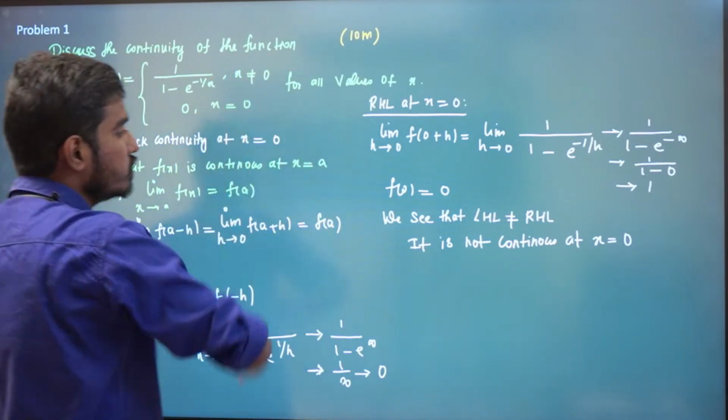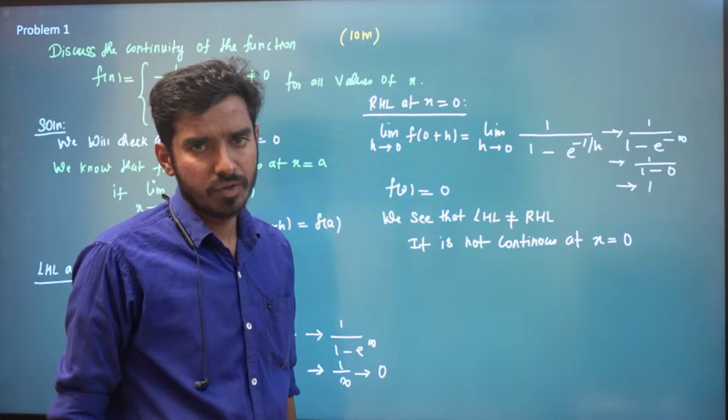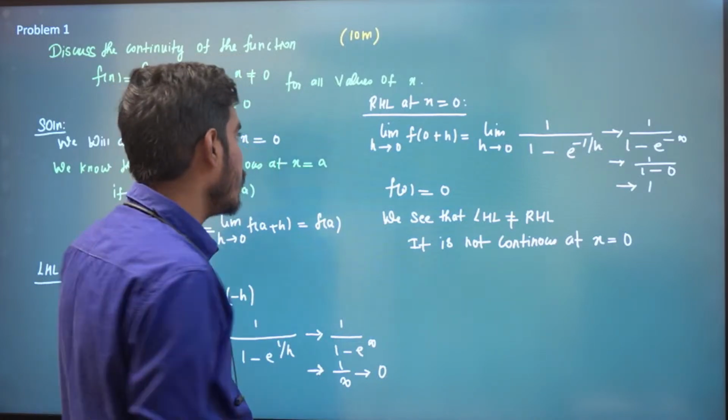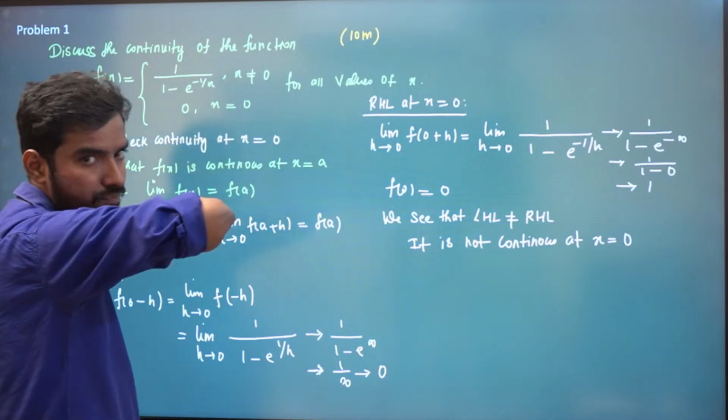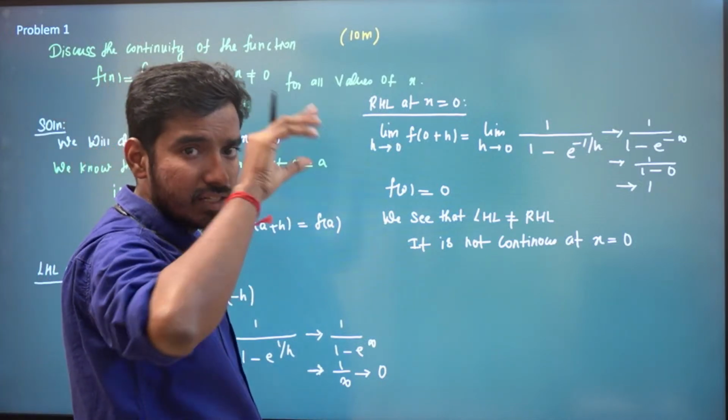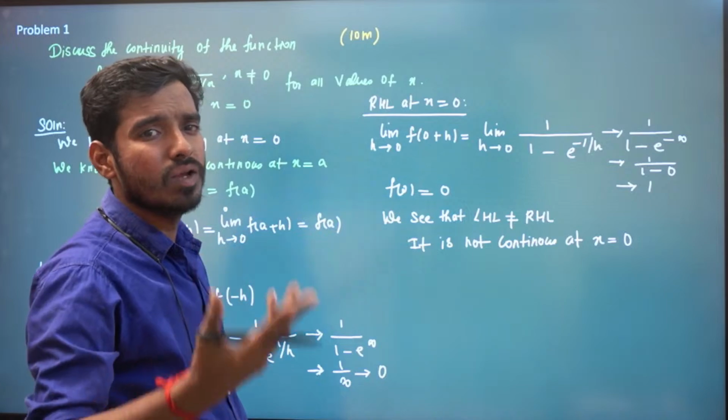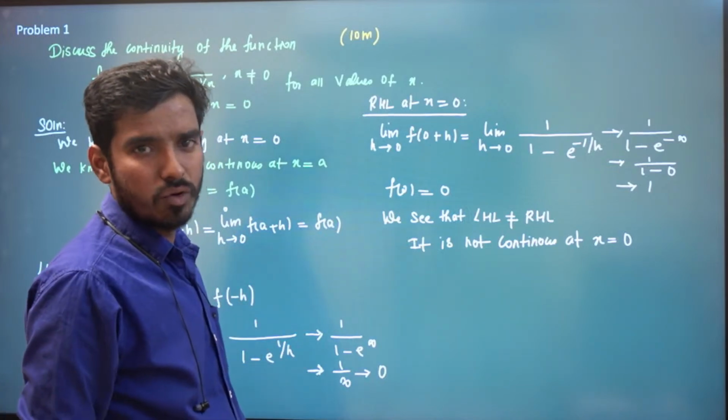Now it is not continuous at 0, but at all other points it is continuous, right? Because at all other points the function is defined. Yes or no? If the function is defined at that point, your limiting value will always be equal to the function value also, right?